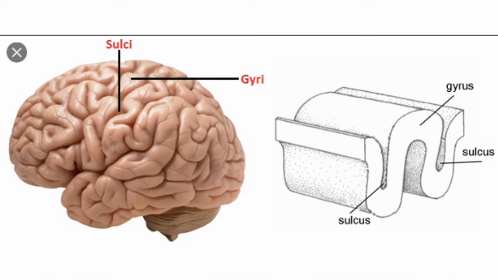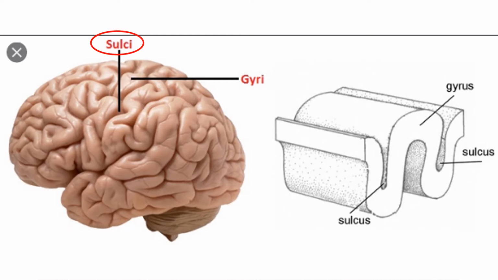The question is, what is the shape of the surface of the brain? The outer surface of the brain is called the cerebral cortex. And is it smooth? The answer is no. There are elevations and depressions.